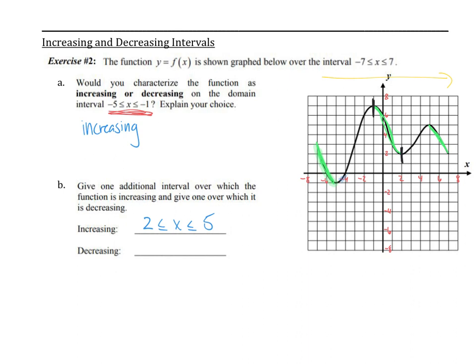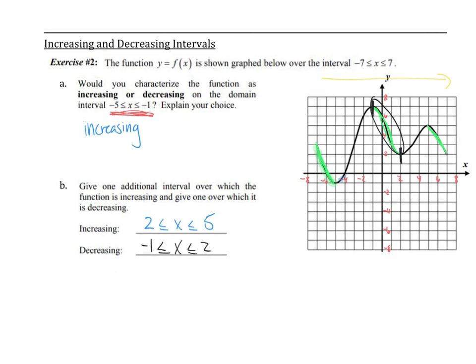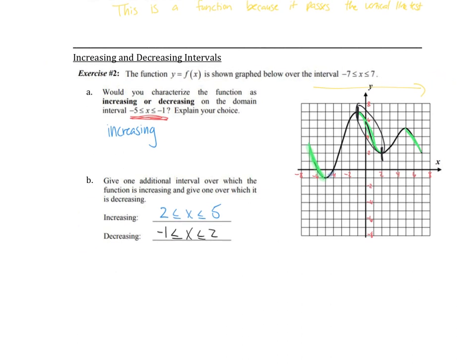Okay, it's going to start that decrease at -1. Again, I'm looking at my x values. And it's ending the decrease at 2. So it's decreasing all the way here, from -1 to 2. That's a little bit of an intro on increasing and decreasing intervals.